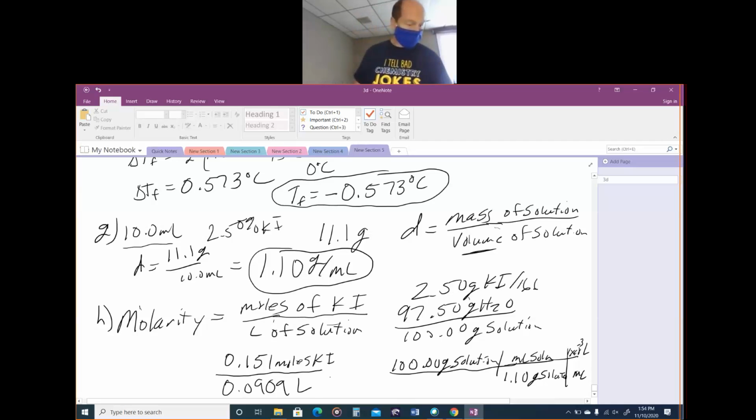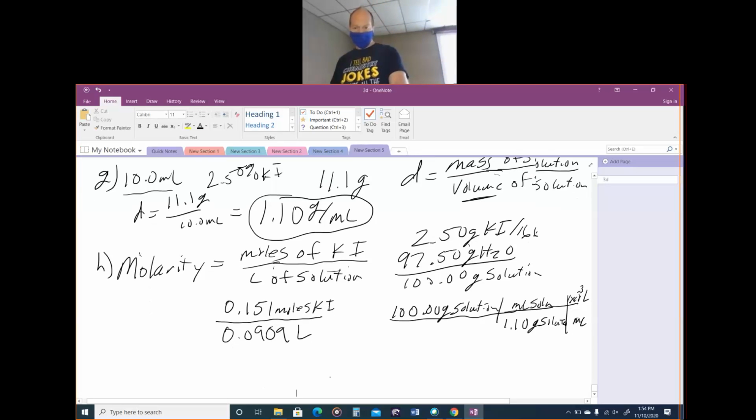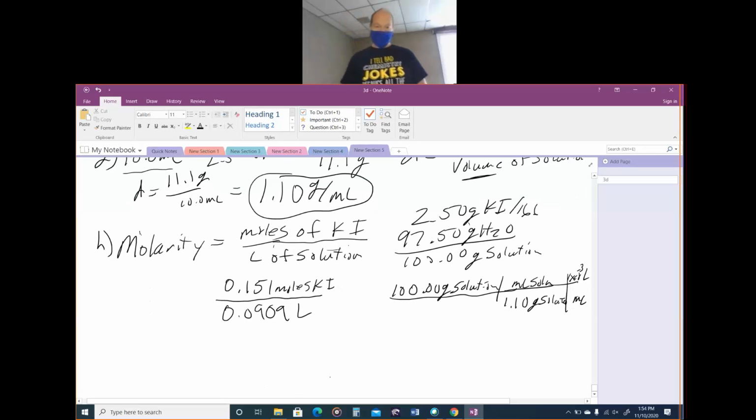So we take our 0.0151 and divide by that, and we get our molarity. And so the molarity, when you divide that by that, is 1.66 molar.